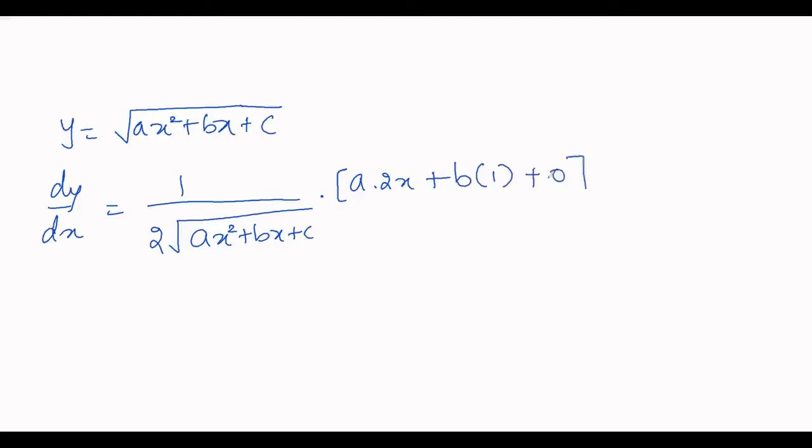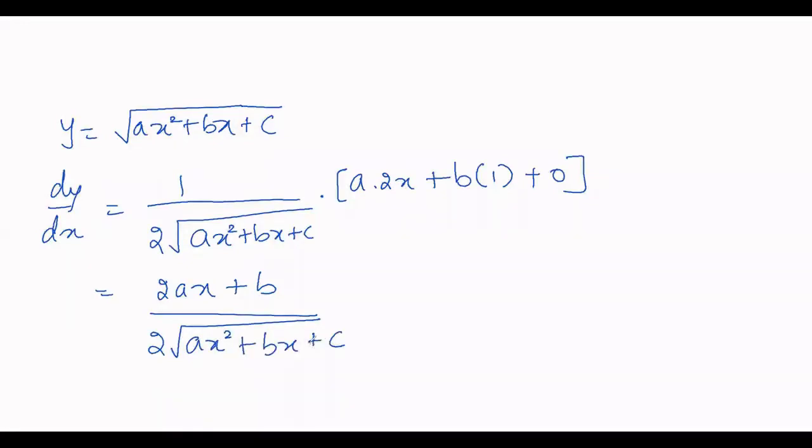So I can rewrite this as numerator becomes 2ax plus b divided by denominator remains the same, twice a root of ax squared plus bx plus c. Okay, so now let me clear this.